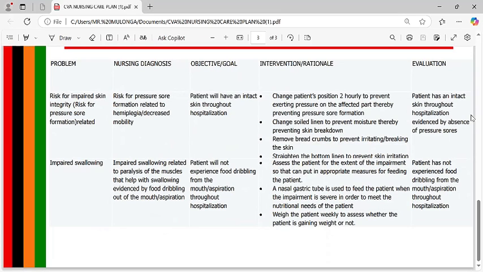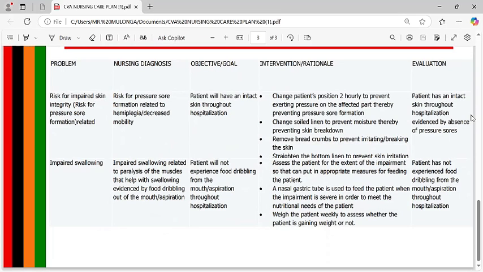So we are going to insert a nasogastric tube for feeding in severe instances or when the impairment is severe. Then number three, I will weigh the patient weekly to assess whether the patient is gaining weight or not.